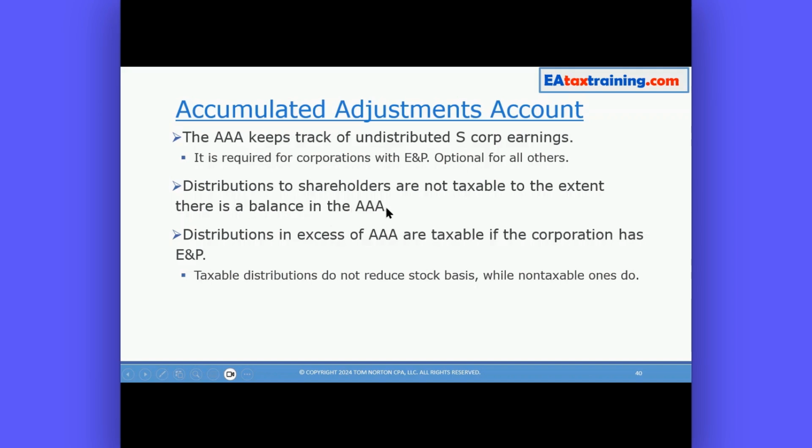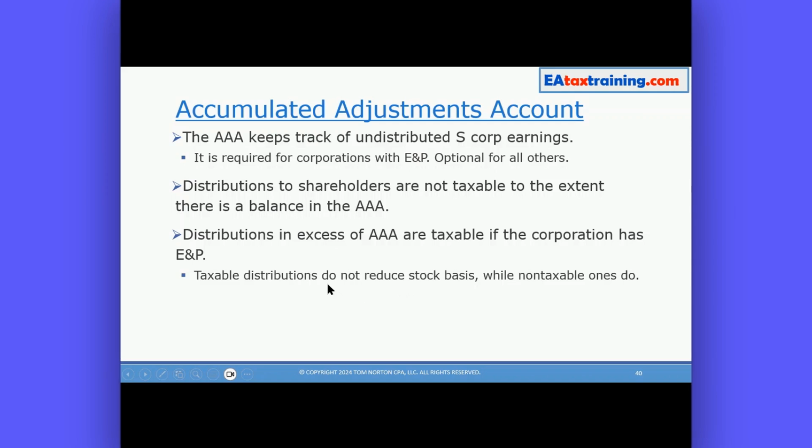Distributions to shareholders are not taxable to the extent there is a balance in the accumulated adjustments account. Distributions in excess of AAA are taxable if the corporation has earnings and profits. And so if they make a taxable distribution, then that will not reduce stock basis.